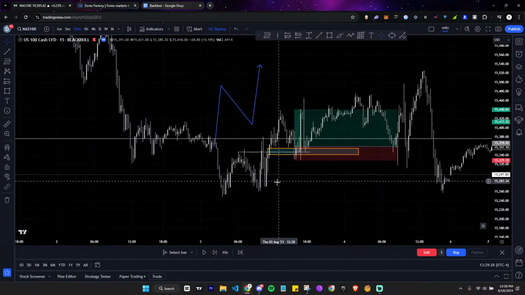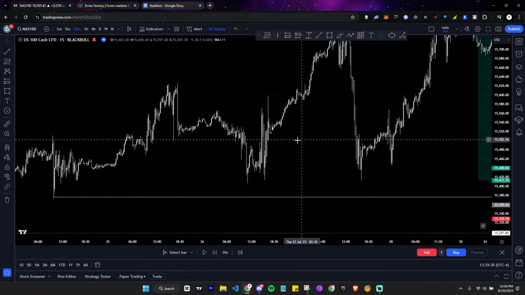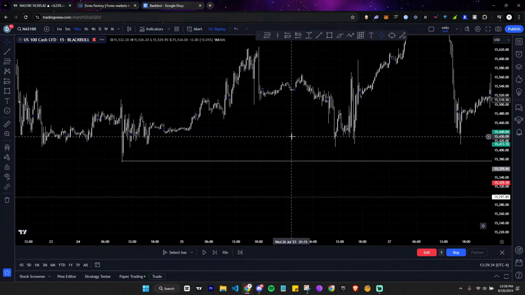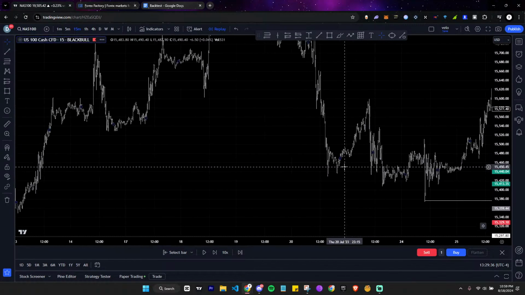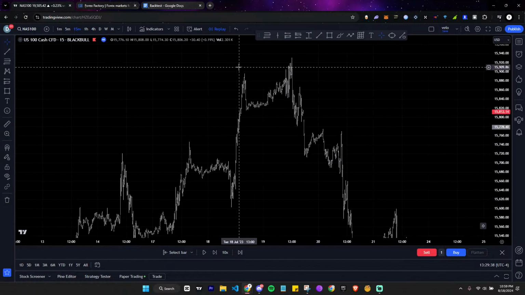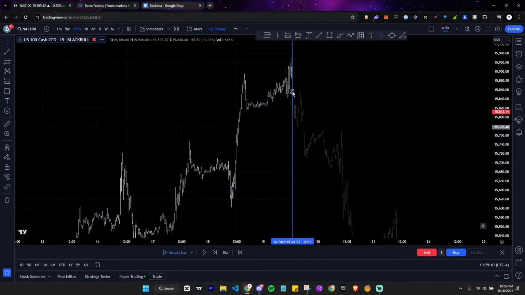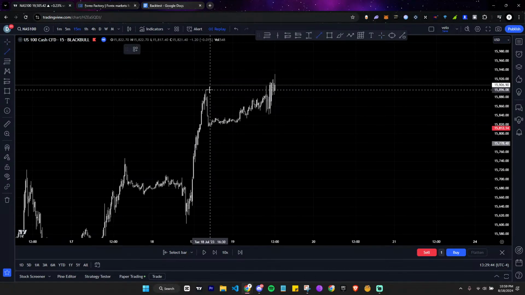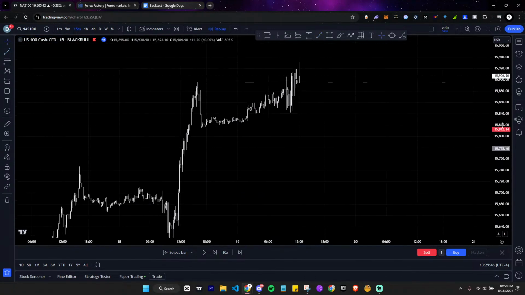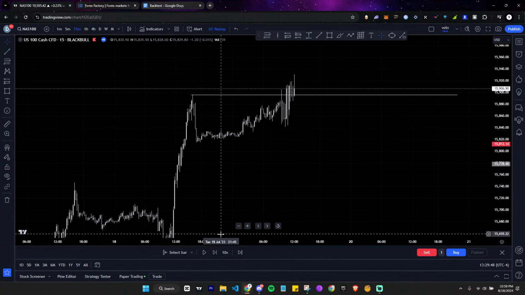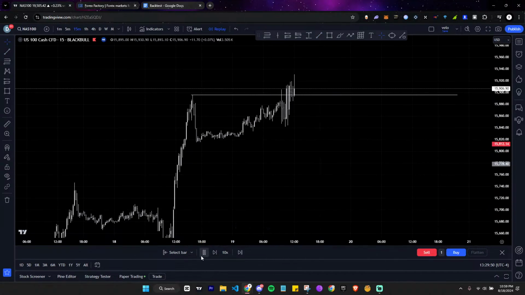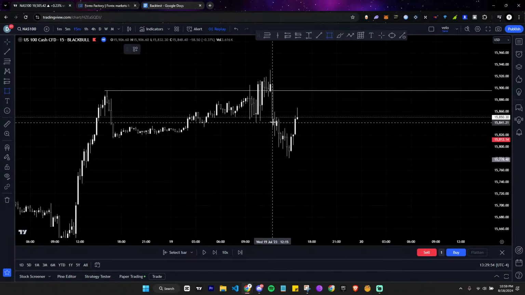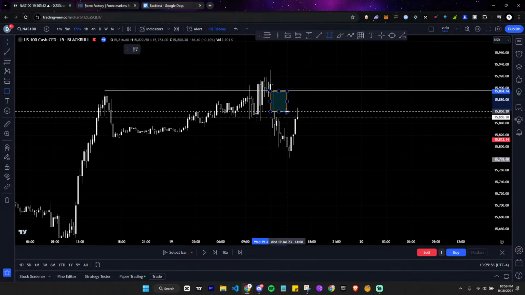It's pretty simple. Okay, so now let's go back and let's look for this. This is a manipulation. This is called a manipulation. So let's wait for price to sweep liquidity. Okay, so we swept liquidity now. We have a clear fair value gap, unmitigated fair value gap.